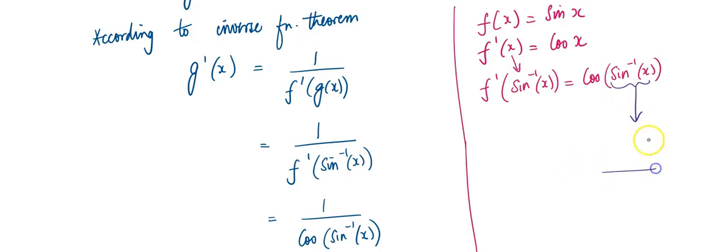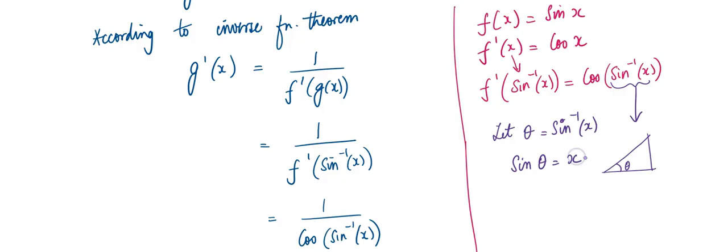Because it's trigonometry, we will draw a right triangle. And remember, sine inverse of x is some angle, right? Let's call that angle theta, okay? So let's just say let theta be sine inverse of x. That means sine theta is x. Agreed?